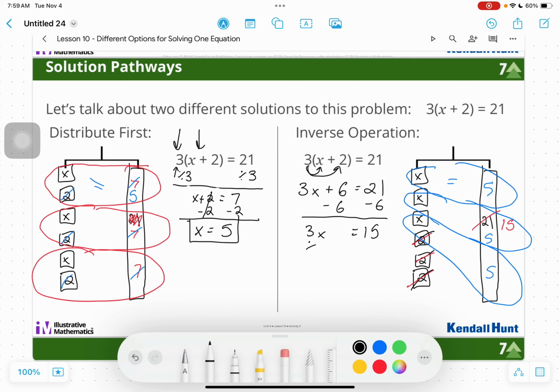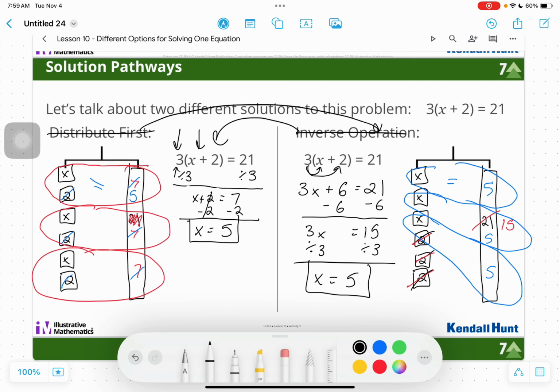And then I split my diagram up into 3 groups. So split into 3 groups. x equals 5. So my options are inverse operations, undo the 3 first, or distribute first, where I multiply the 3 by each piece.